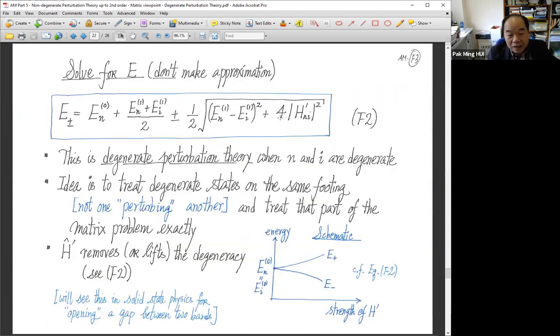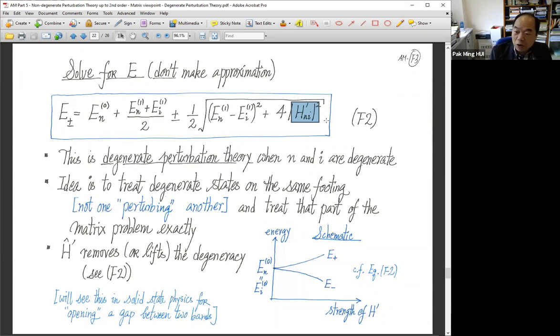You look at this final answer, there's a plus minus, meaning as you crank up the H prime, the effect tries to mix them, they will split into different energies, right? One is going up, one is going down as the strength of the perturbation increases.